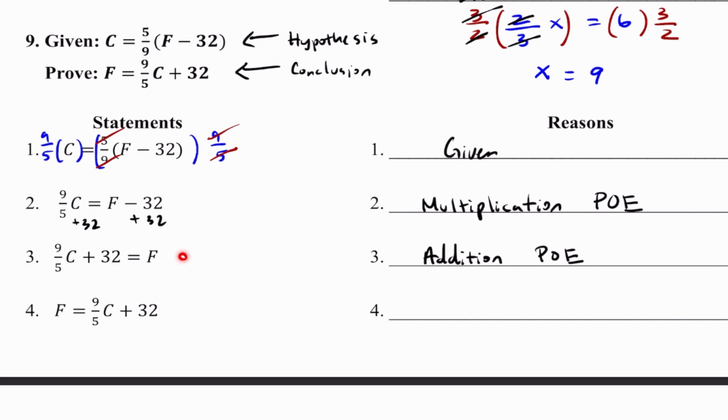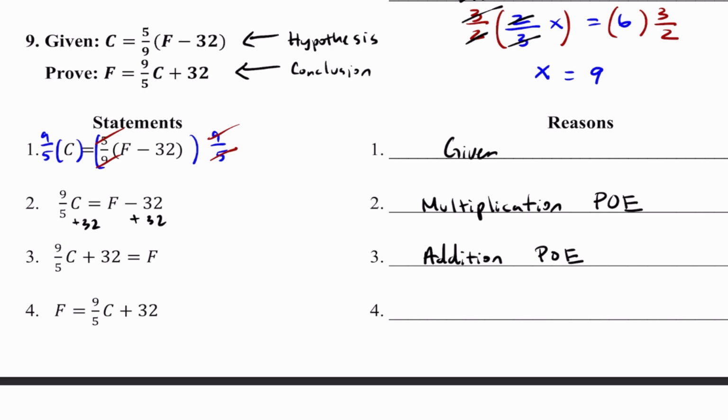So going from the third statement to the fourth statement, what do I need to do? Well, I already solved for f, but am I done? Not necessarily, because if we look at the conclusion, f equals 9 over 5c plus 32. We can see that the f is on the right side, but this f is on the left-hand side of the equal sign.